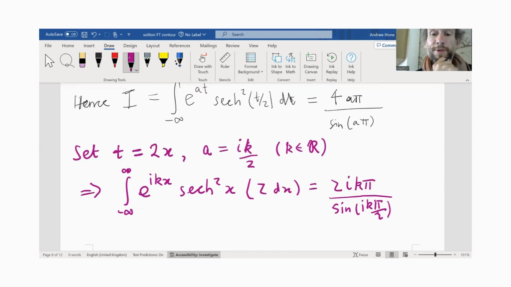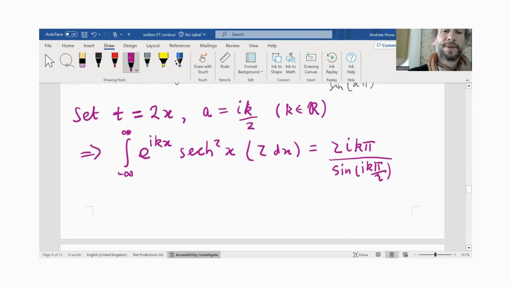You've now got a factor of 2 on both sides. It cancels. So finally we get the answer that we started off with, which is the Fourier transform of the soliton profile, the sech-squared profile.